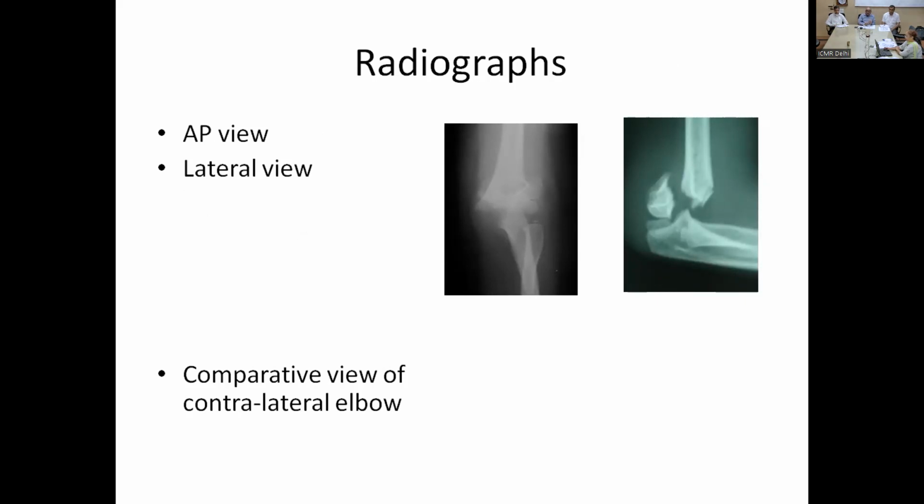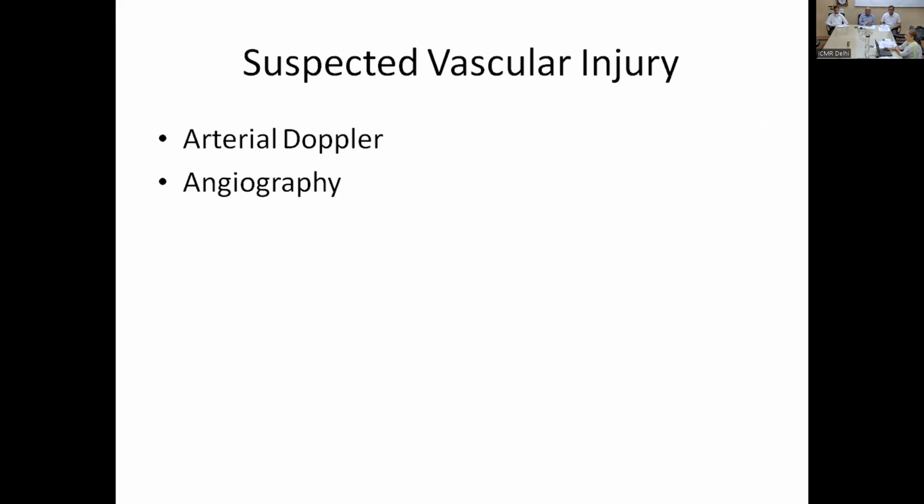Then we must take a comparative view of the opposite elbow and compare both elbows to see whether there is any fracture. In case of vascular injury, if available, then Doppler or angiography can be done, but usually they are not required. Next.